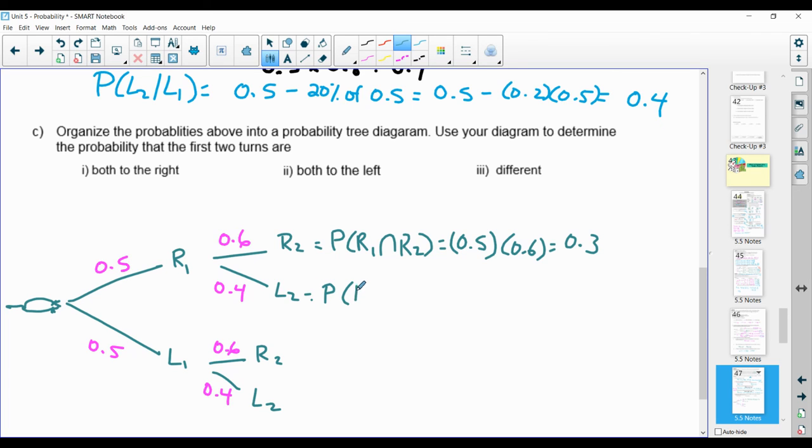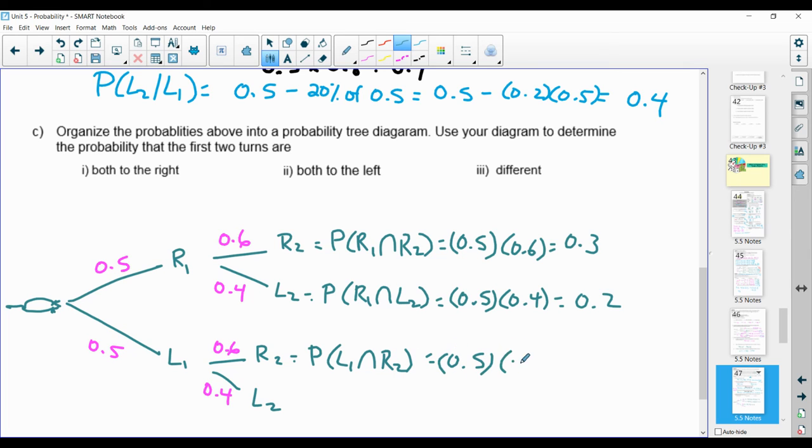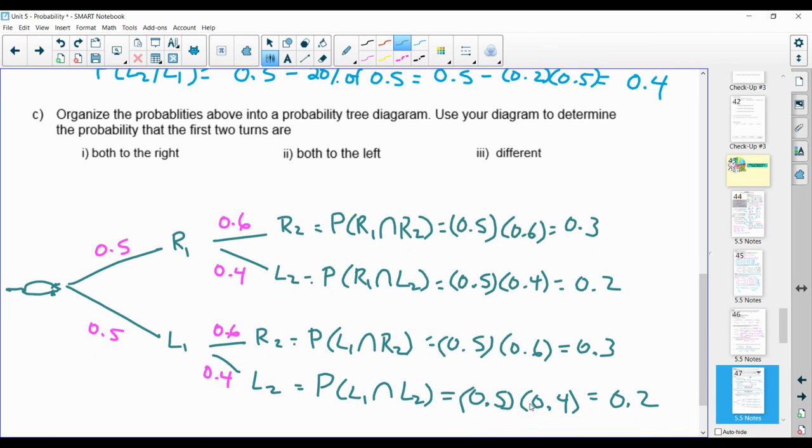The probability of the mouse going right and then left is 0.5 times 0.4, which is 0.20. The probability of going left and then going right is 0.5 times 0.6, which is 0.3. And then the last one, the probability that the mouse goes left and then left again is 0.5 times 0.4, which is 0.2.